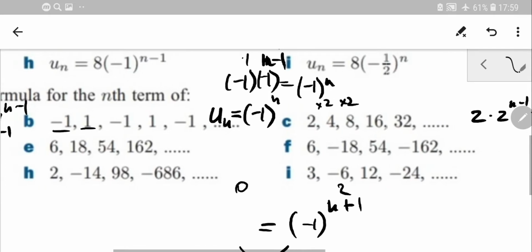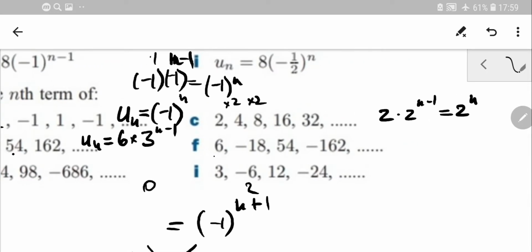Okay, E: 6, 18, 54. Every time we multiply by 3, so the nth term is simply 6 times 3 to the power n minus 1. That's the formula. Next, F: 6, -18, and 54.